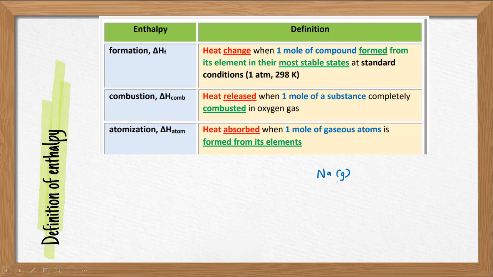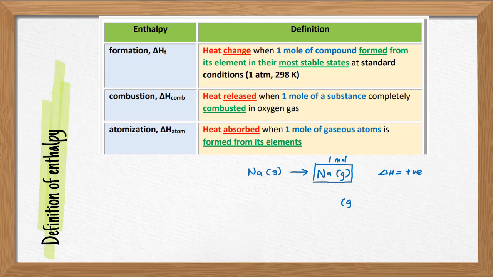It is formed from its element, and this element should be in the standard state. The standard state for sodium is solid, and behind it we have our delta H equal to a positive sign because heat is absorbed. So when 1 mole of gaseous atom is formed, make sure you focus on the product. This product should be 1 mole, 1 mole of the gaseous atom formed from its element.